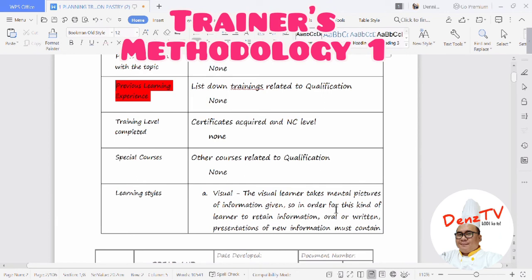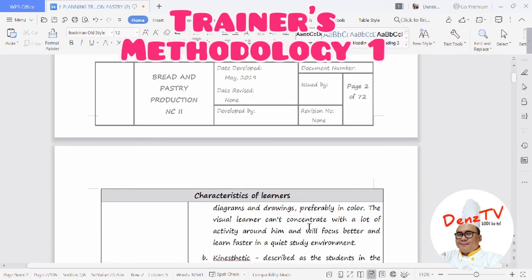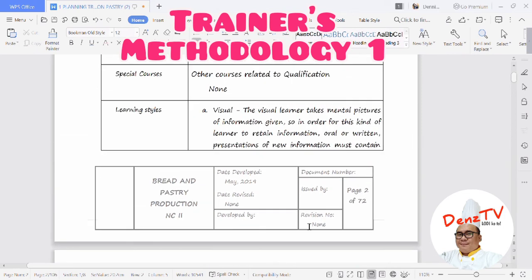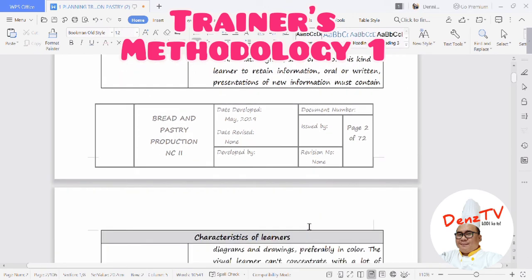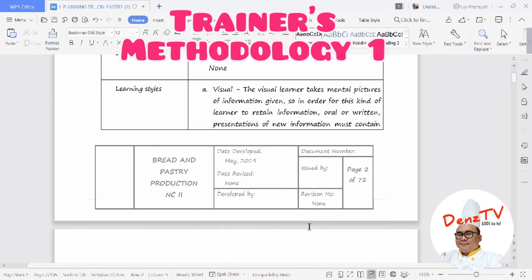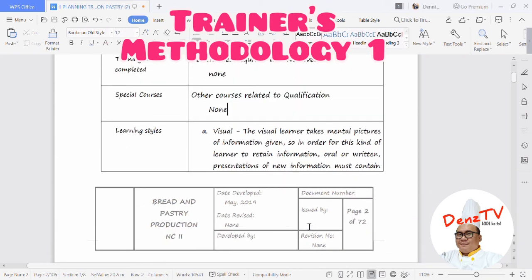So, in order for this kind of learner to retain information, oral or written, presentation of new information must contain diagrams and drawings. So, it is important to know that for visual learners, to see is to believe. Okay? Ganyan ang mga visual learners.